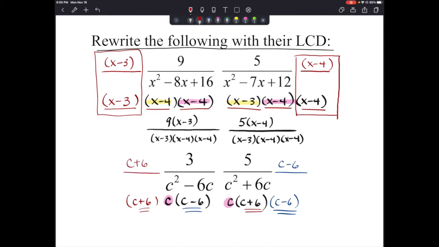So in the end, we're going to have a 3 times the quantity of c plus 6 over c times the quantity of c plus 6 times c minus 6. And then in our right fraction, we'd have a 5 times the quantity of c minus 6 over the same denominator, c times c plus 6 times c minus 6. So that's how we rewrite the following with their least common denominators.